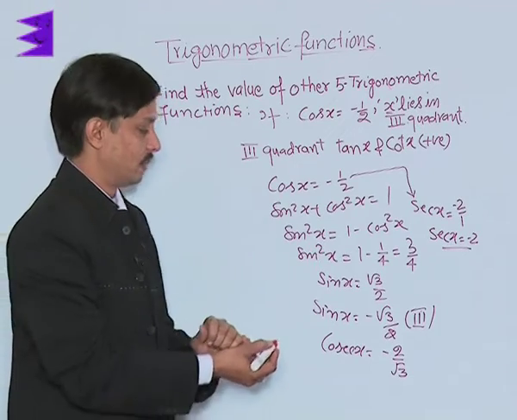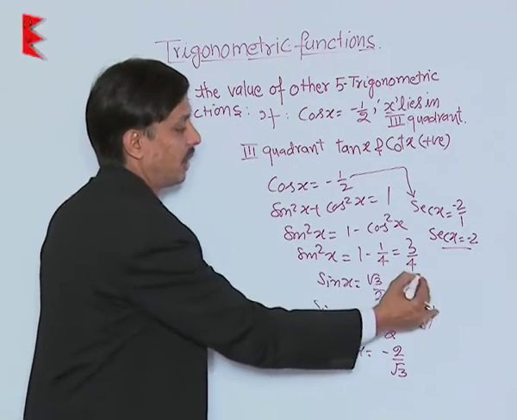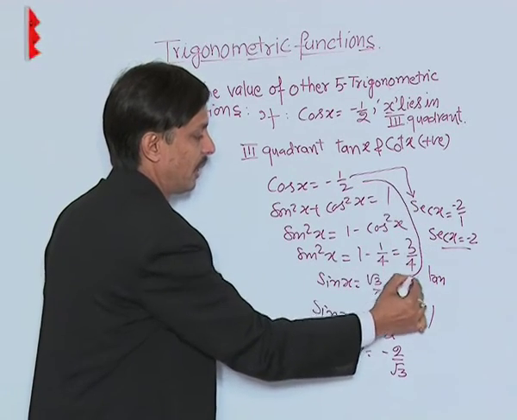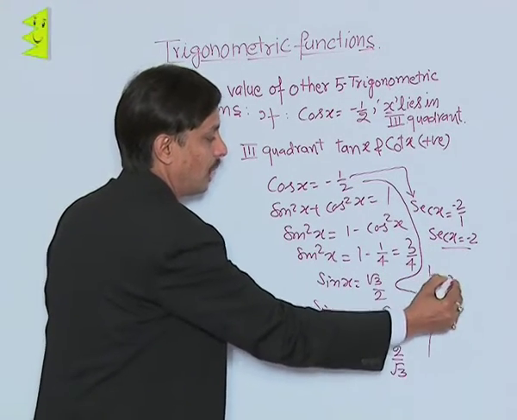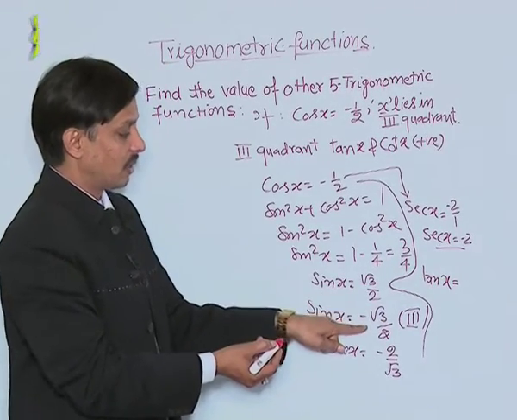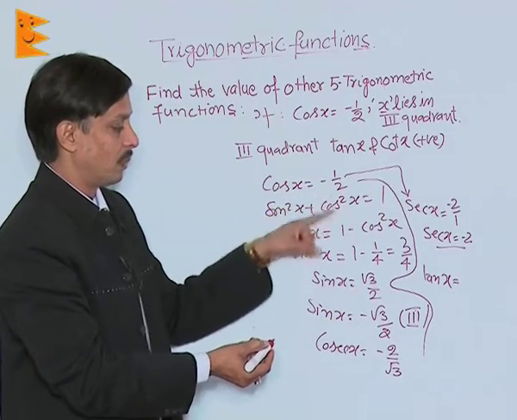and we know that the division of sin and cos is always known as tan x. So the answer of tan x: the value of tan x is sin x upon cos x. The answer of sin x is minus root 3 upon 2 and cos x is minus 1 upon 2.